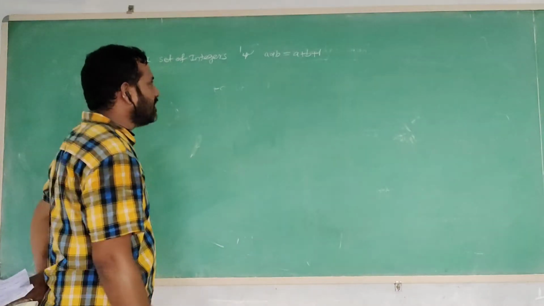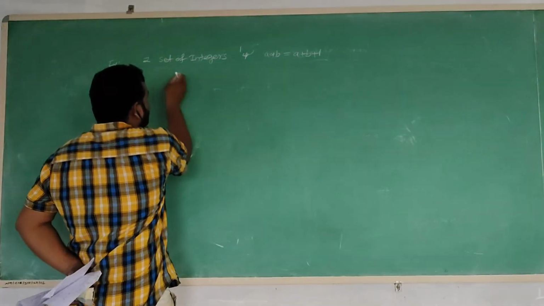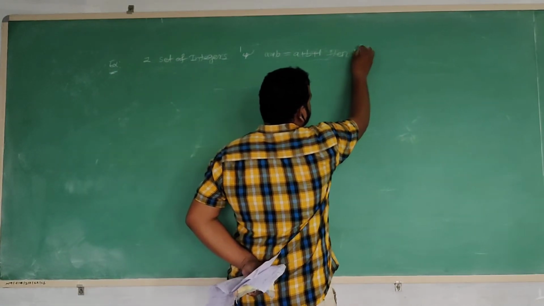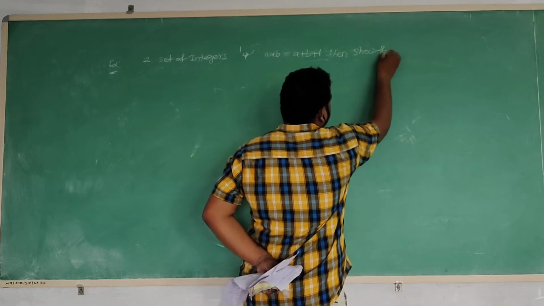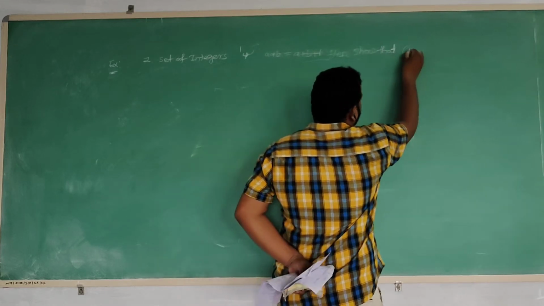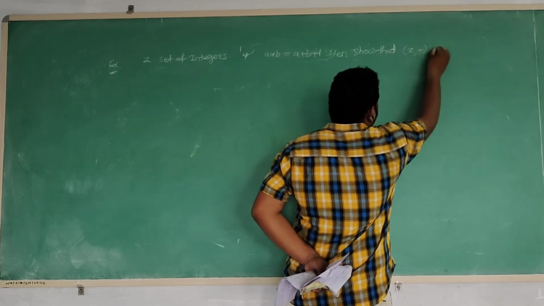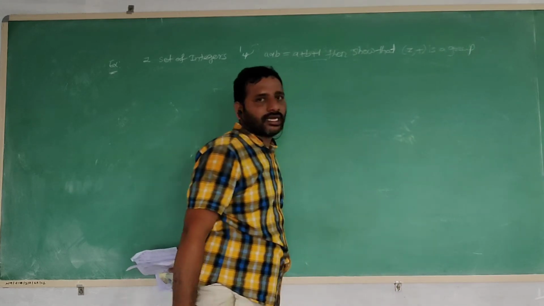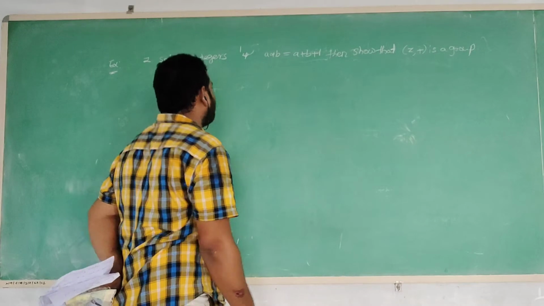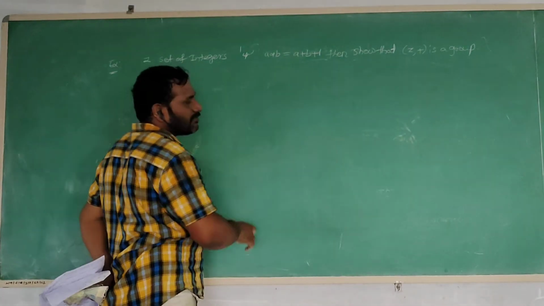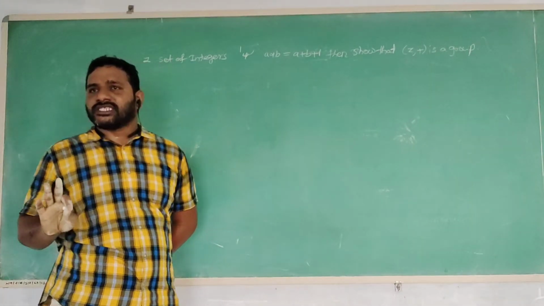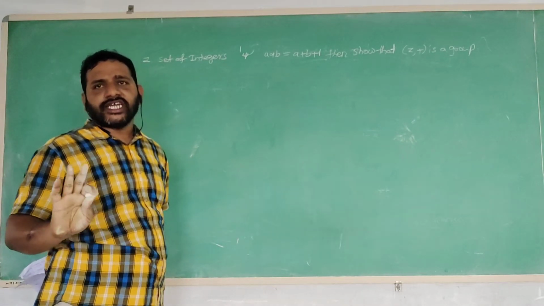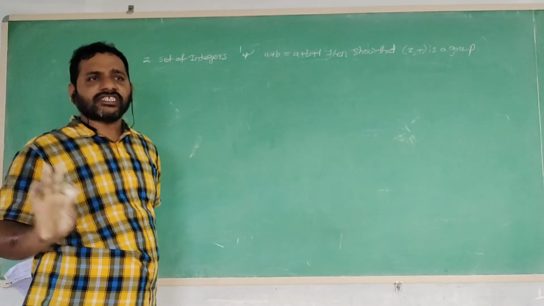Then show that Z comma star is a group. If Z comma star is said to be a group, it must satisfy the four properties: closure, associative, identity and inverse properties.